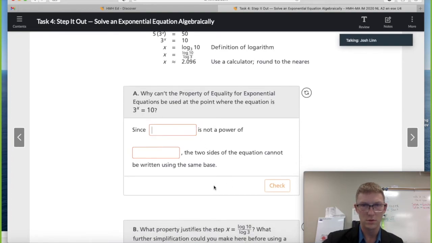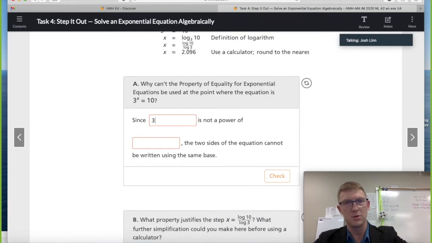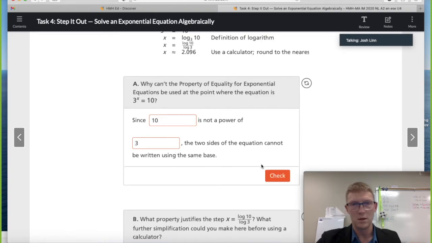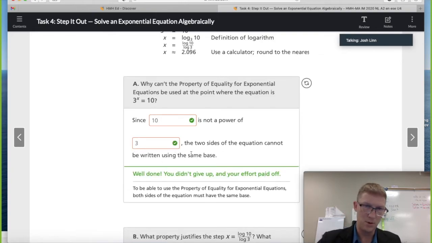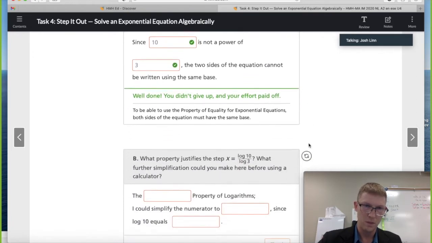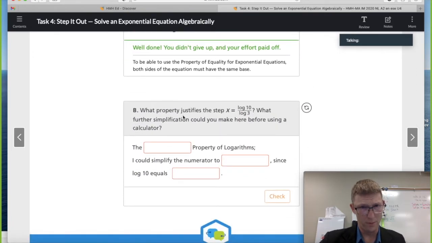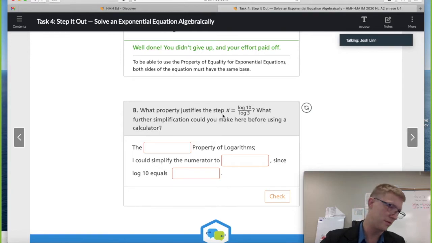Since 10 is not a power of 3, the two sides of the equation cannot be written using the same base. What property justifies this one? It was the change of base property or something like that.